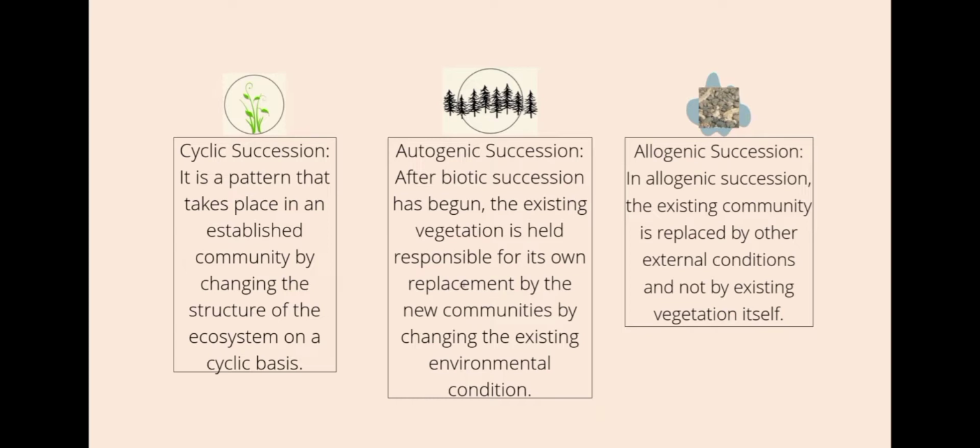The changes in the composition of an ecological community are the responsibility of living organisms. Lastly, we have the allogenic succession. In allogenic succession, the existing community is replaced by other external conditions and not by existing vegetation itself. On a time scale proportional to the disturbance, allogenic succession can occur.